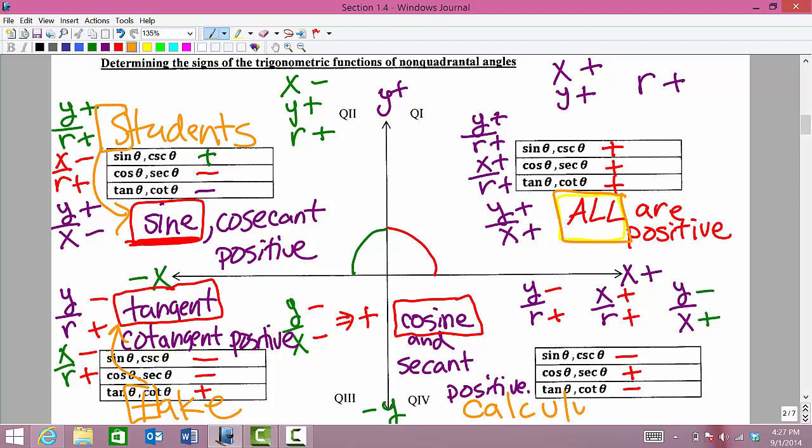So all students take calculus. All means that they're all positive in quadrant 1, and then in quadrant 2, students means sine is positive. Take means in quadrant 3, tangent would be positive, and calculus stands for cosine. So all students take calculus. That will help you remember which functions are positive in each of the 4 quadrants.